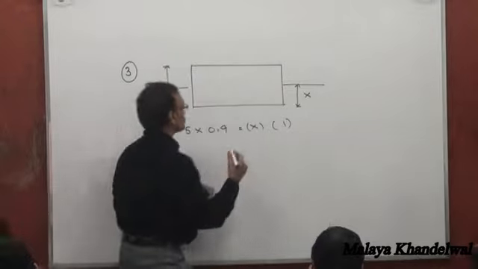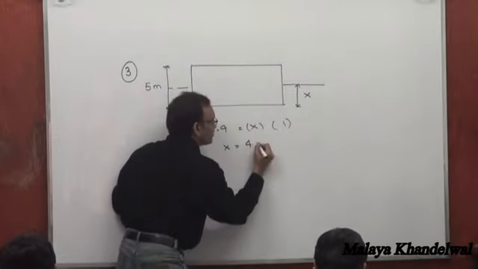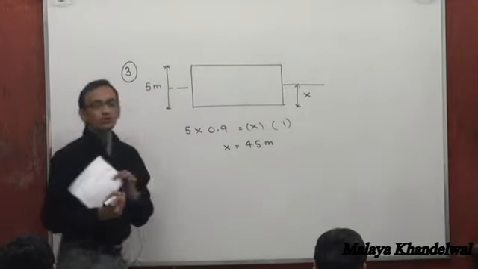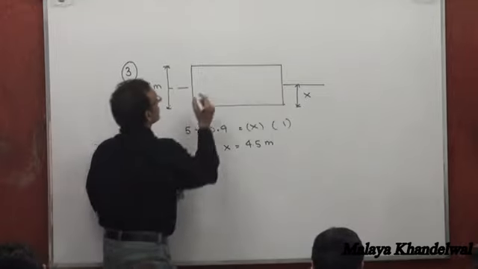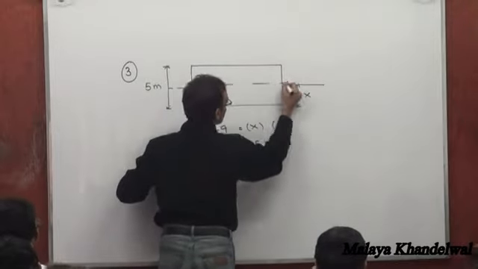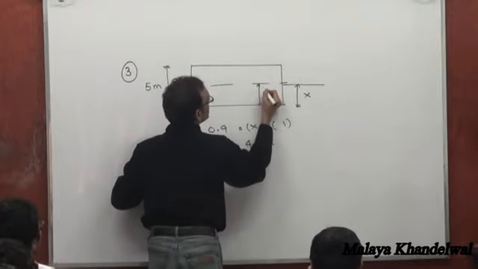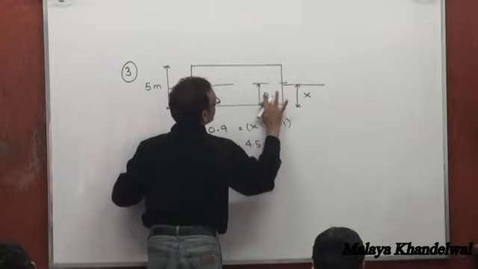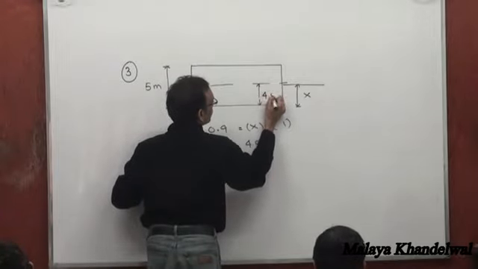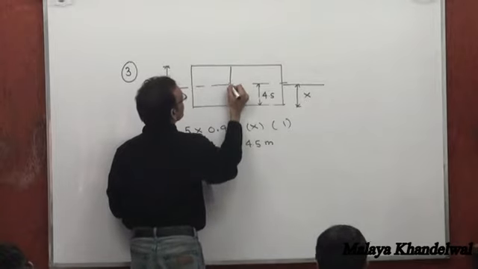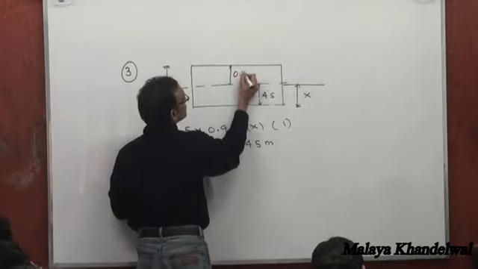So then the amount that is dipped in water is 4.5 meters. I hope all of you understand this. And therefore, this is 0.5 meters.